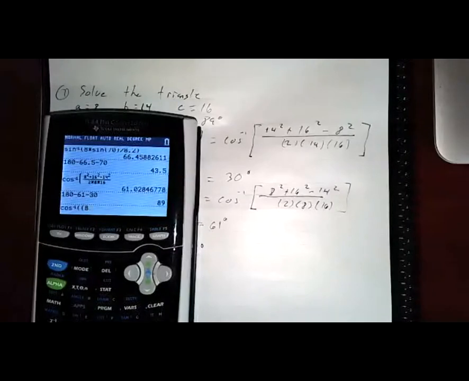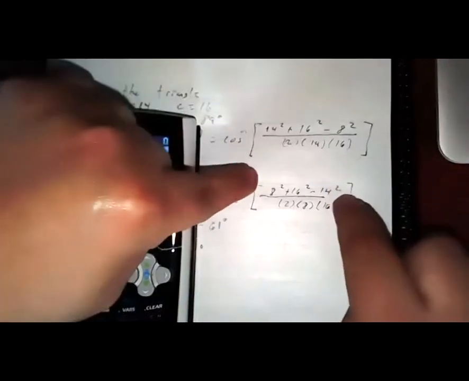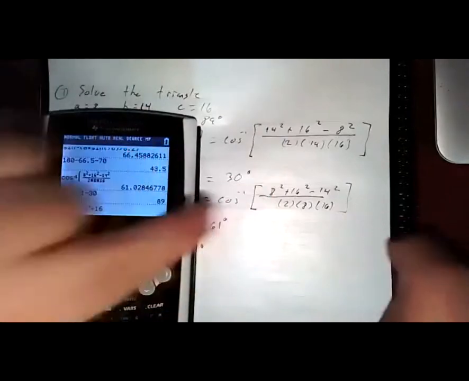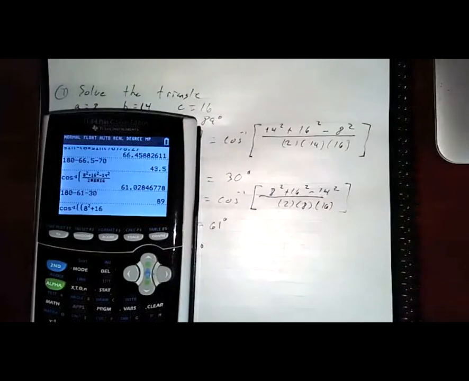So 8 squared plus 16 squared. You remember? Yes, that's what I keep messing up on. Because you need to tell it that everything on the top, in parentheses, is divided by everything on the bottom. If you don't do that, it's going to divide just the last part, which is wrong.